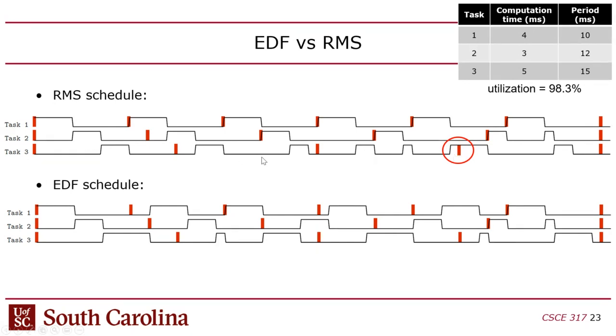Not on the first period, not on the second period, but on the third period. On the third period of task 3, which happened to be the 4th period of task 2 and the 5th period of task 1, we had a deadline miss. Why did it work out that way? I don't know. It just missed. Just drove it too hard.